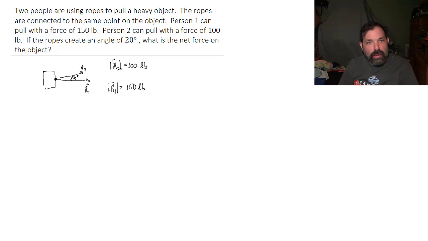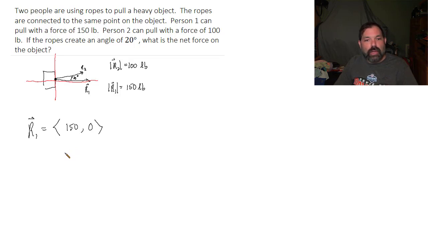Now, since I've drawn it like this, I can force axes onto this. I drew it in a way that made one of the vectors very easy to work with. Notice that R1 now is a horizontal vector. So I can think of the R1 vector as being the standard vector 150, 0, since it's in the positive horizontal direction.